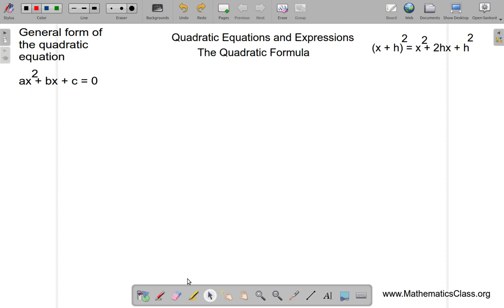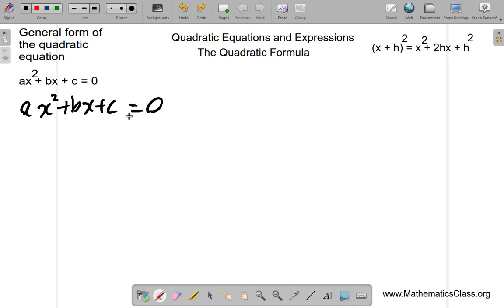So remember, we build that formula by completing the square of the general form, ax squared plus bx plus c equals 0. So let's do that. The general form is ax squared plus bx plus c equals 0.